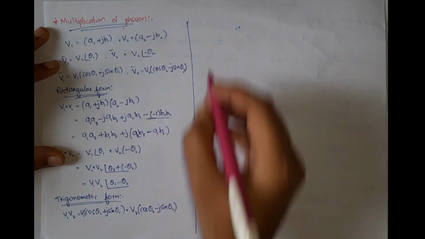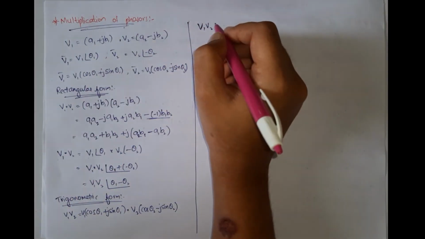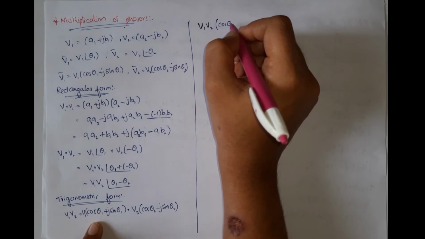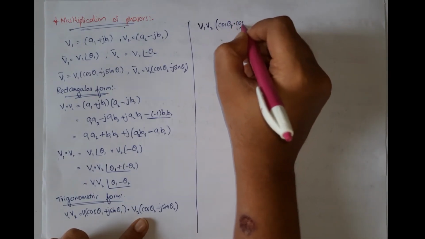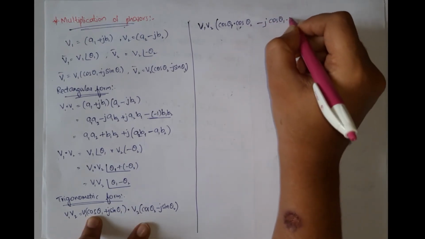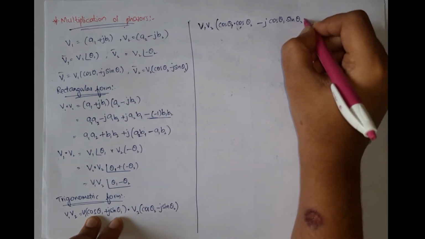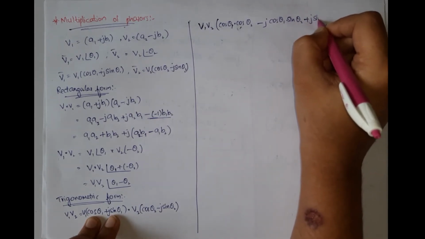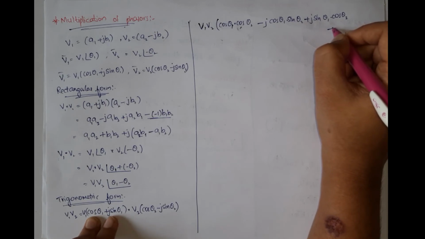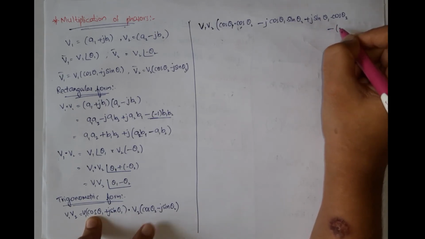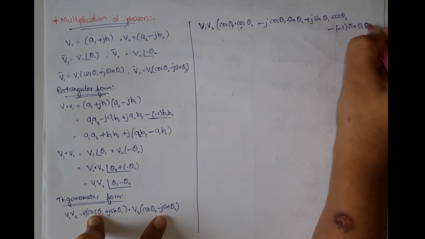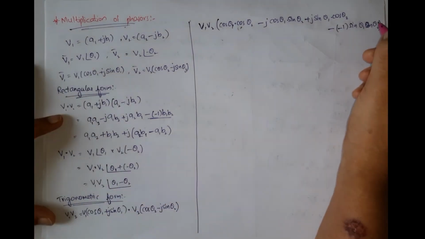So which gives me V1 V2 into cos theta 1 into cos theta 2 minus J cos theta 1 sin theta 2 plus J sin theta 1 into cos theta 2, minus, plus into minus is minus, and J into J is minus again, sin theta 1 and sin theta 2. This is what I'll be getting when I multiply.